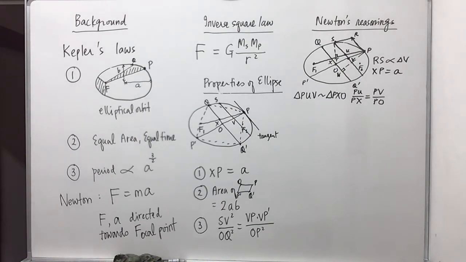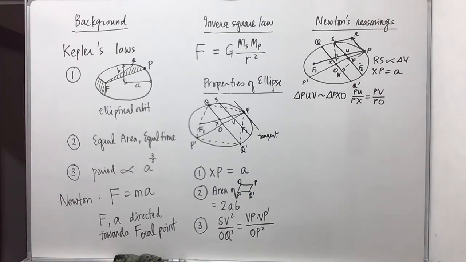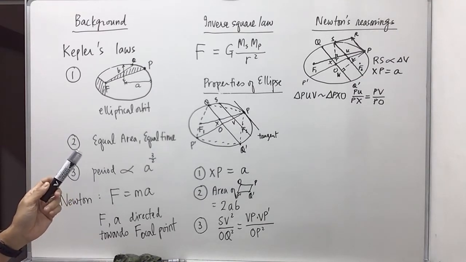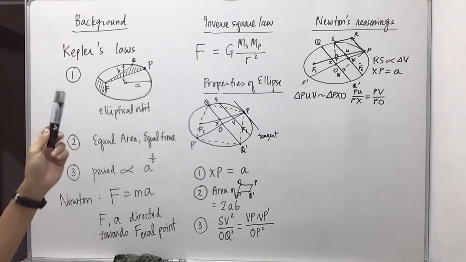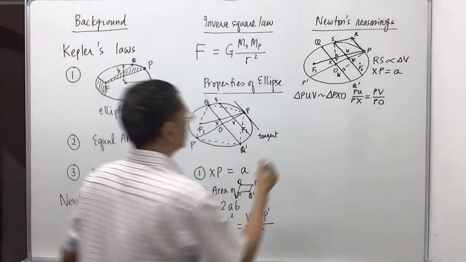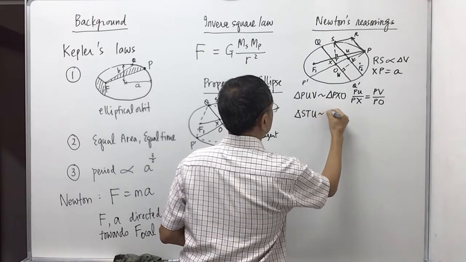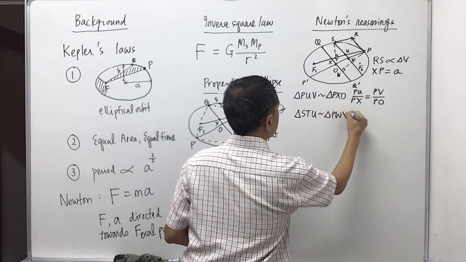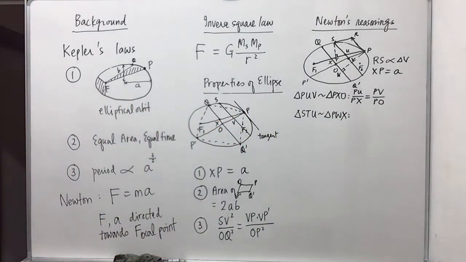Now the second triangle that is similar is STU and PWX. Can you see them? STU, PWX. So from here, he can set up another ratio. Let's see what we can get.